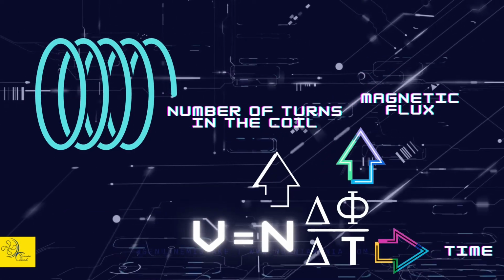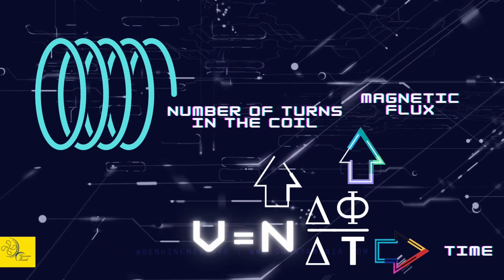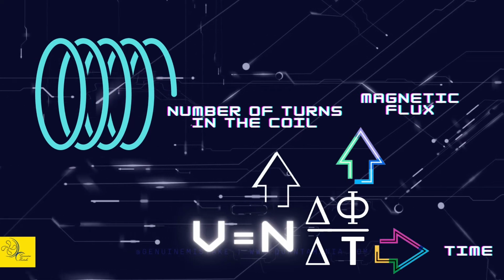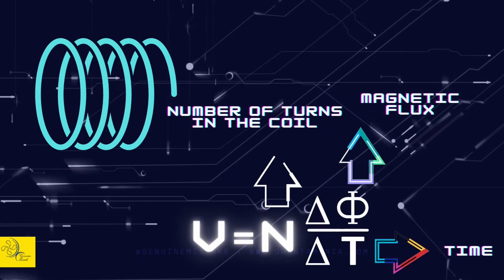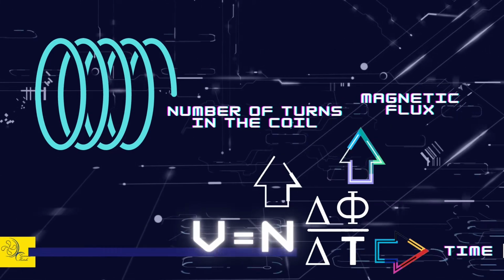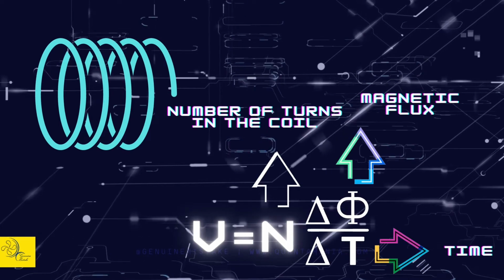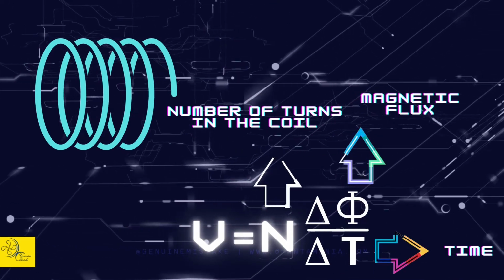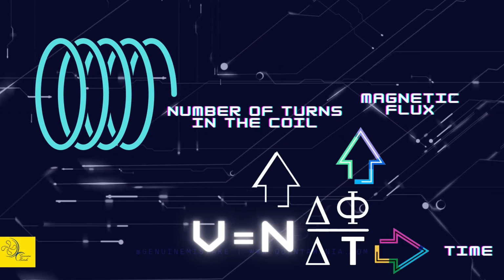Delta phi here is the change of phi. What is phi? Phi is the magnetic flux. The magnetic flux is all the lines of the magnetic field that we have. And delta t is the change in time. So delta phi over delta t is the change of the magnetic flux over time.